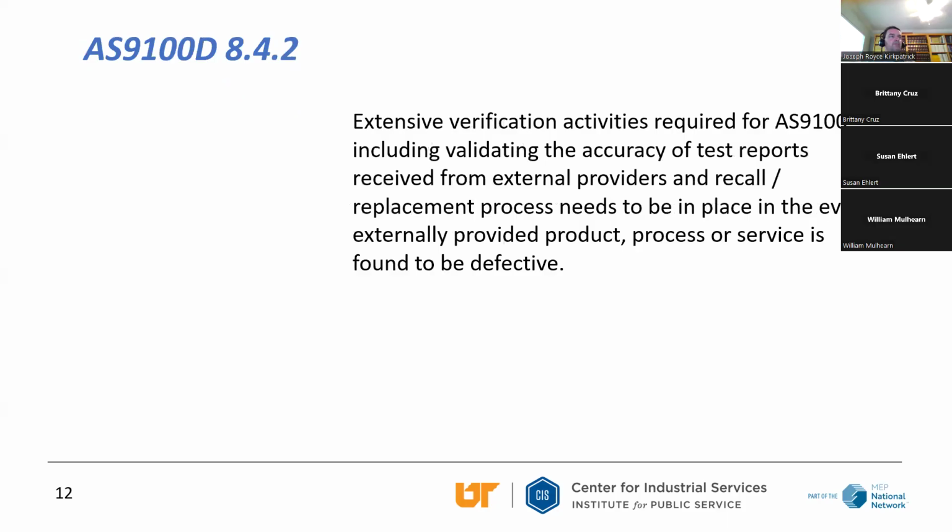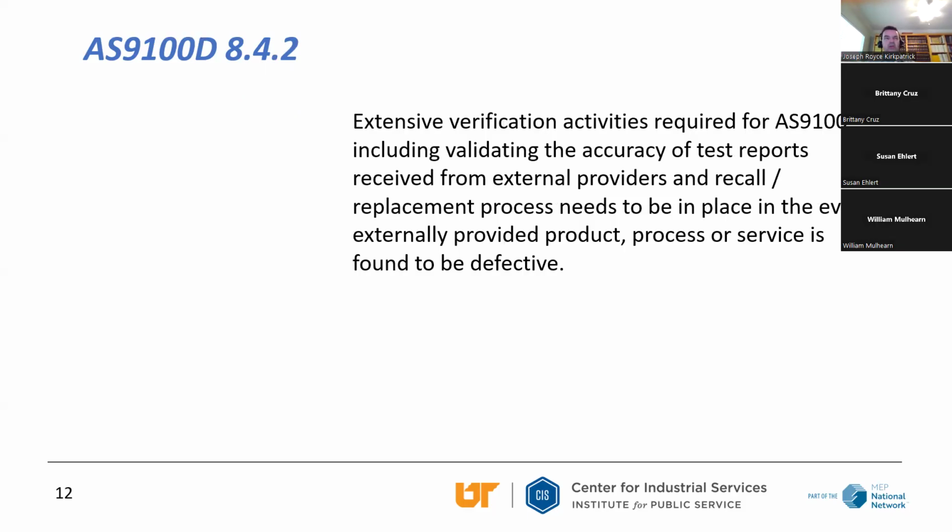Okay, let's move on. AS adds a bunch of stuff in 8.4, but I've condensed it into a few things here. Extensive verification activities are required for AS, including validating the accuracy of test reports received from external providers. And you also have to have a recall or replacement process in place in the event that you have problems with their products.